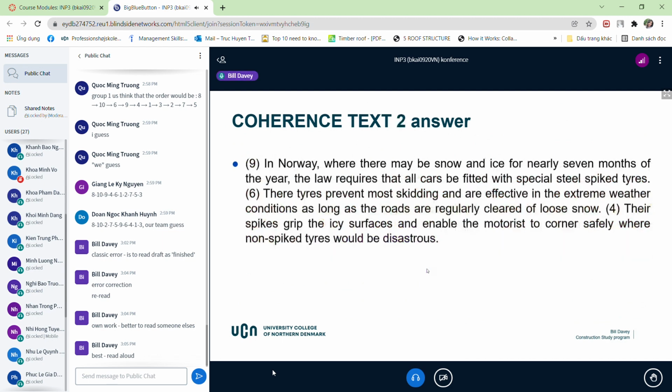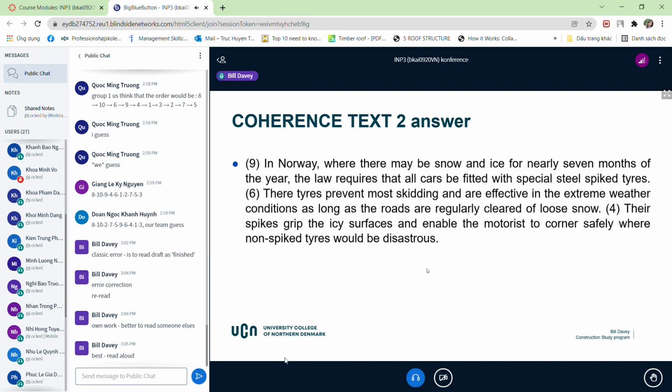So if we look at the next one, again, we have these sentences. Each sentence has a function, of course, because they always do. And I will read them aloud again so that you can think about the function of the sentence, not so much the content, but the function.